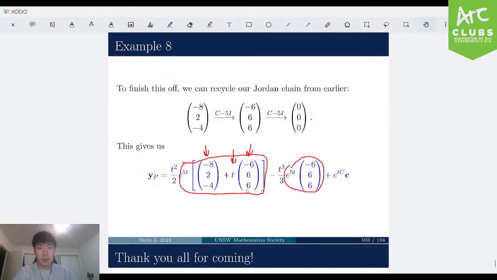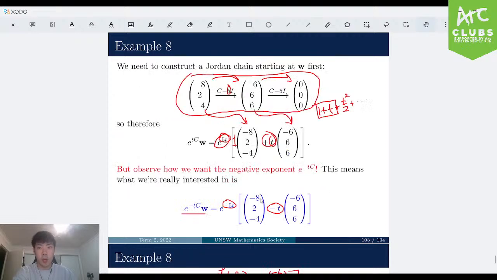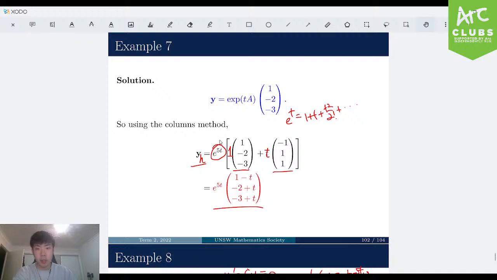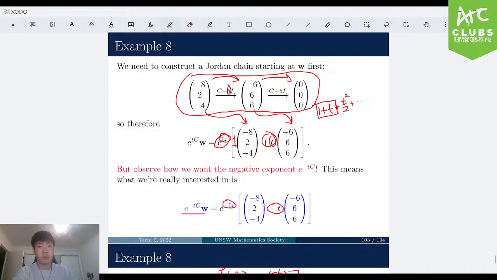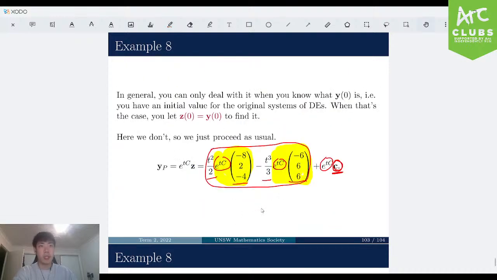But at the same time, I don't think this really at the moment includes our yh, right? Our yh looks like this. But you're correct, it's not a unique particular solution because we don't know what c is. If we knew what c was, then this would be a unique particular solution.